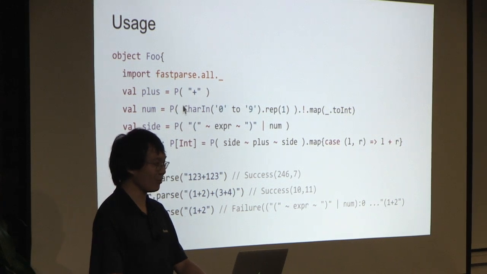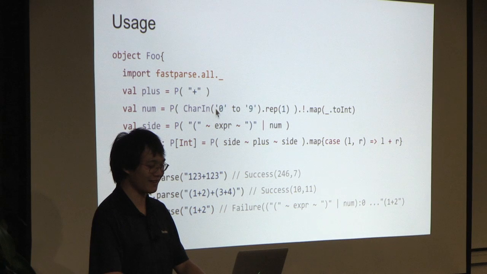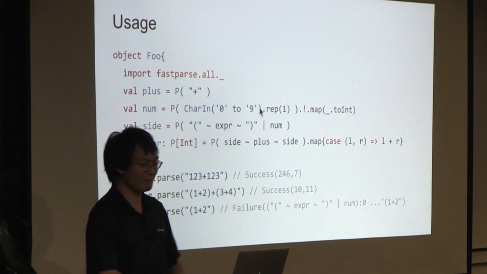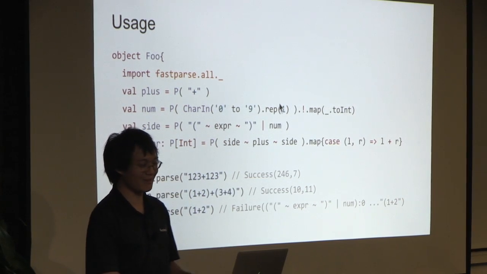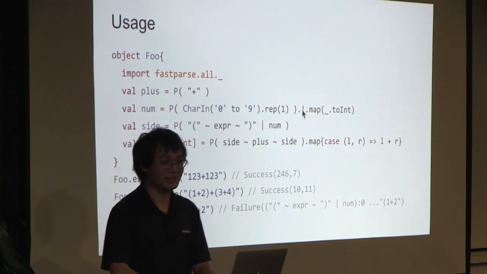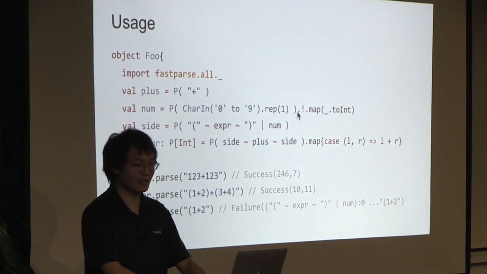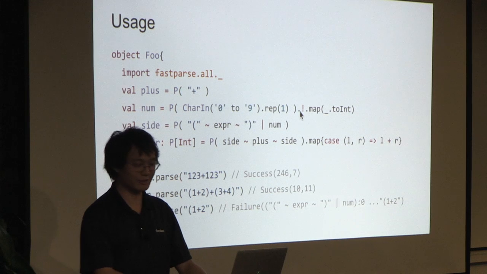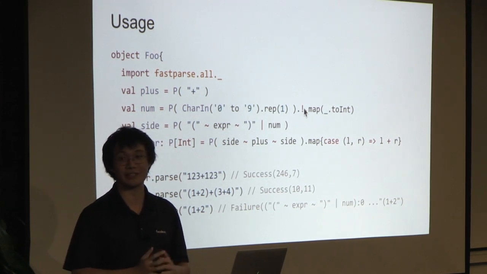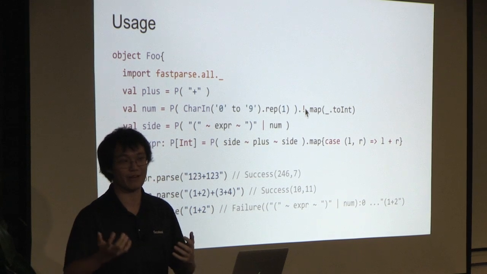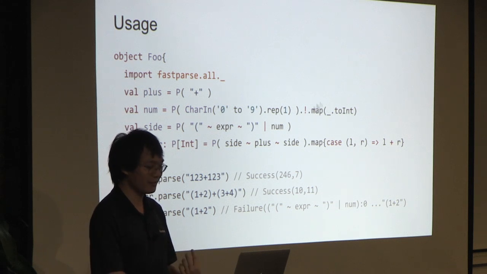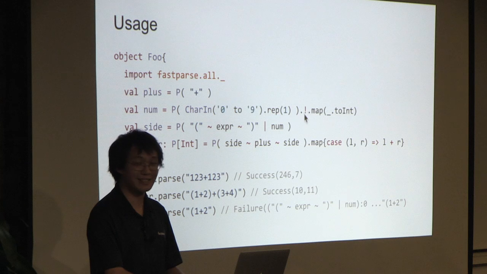And some things are called differently. Instead of using a regex, I have this thing called CharIn and passing a sequence of characters. Instead of repeat parser, I have parser.repeat, which is the same. You have this weird dot exclamation mark operator, which is what you use to capture a string, because you don't care about most strings in your parsing. So instead of having to manually ignore the strings you don't care about, which are going to be many of them, like every paren, every comma, every plus, with FastParse I ask you to annotate the parsers you do care about with an exclamation mark.